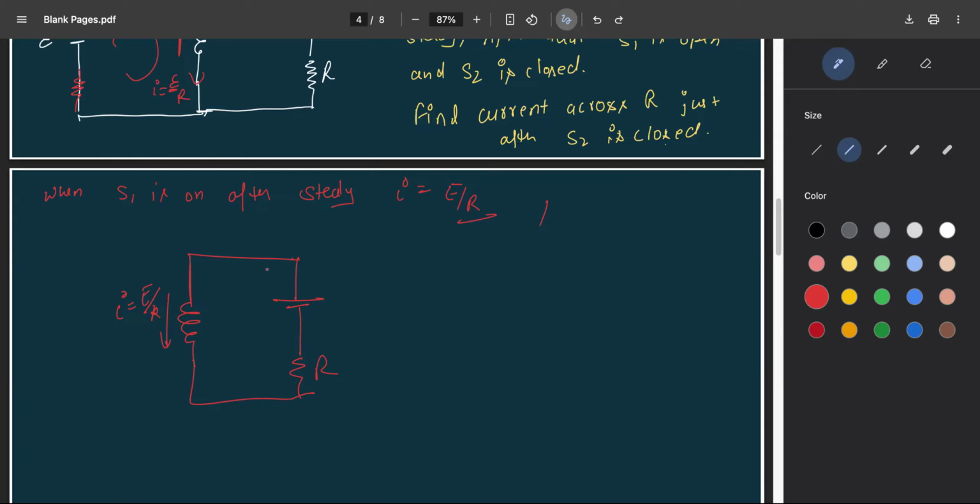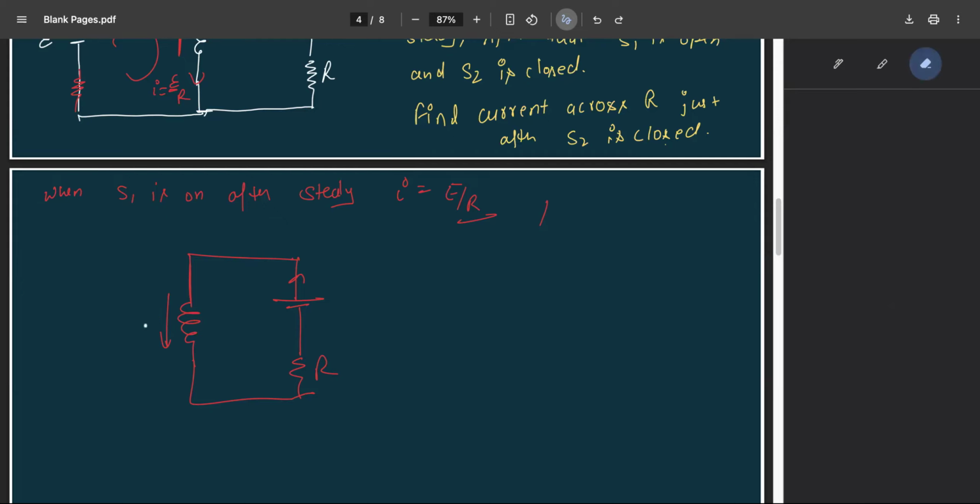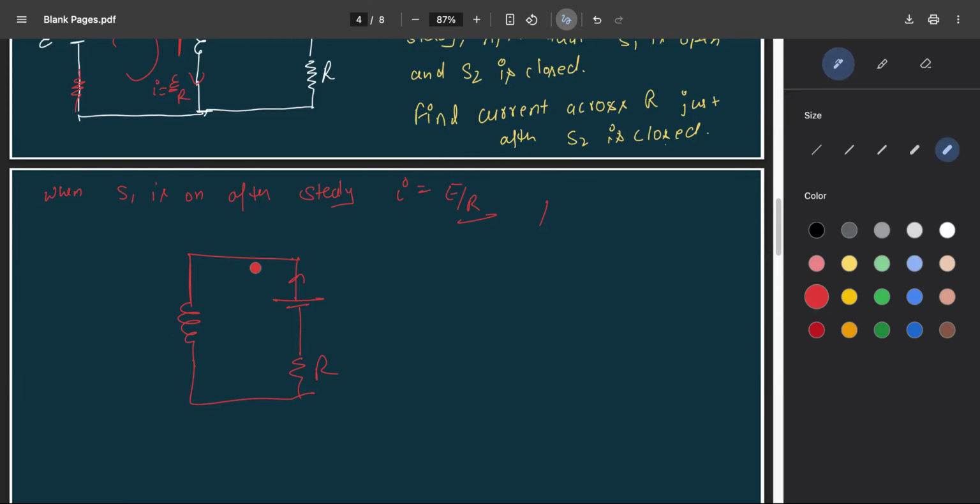If I remove this effect for now, can I say the current is zero? So this EMF will try to induce some current. This new moment, this will provide some current, but the current at the very start is zero, right?